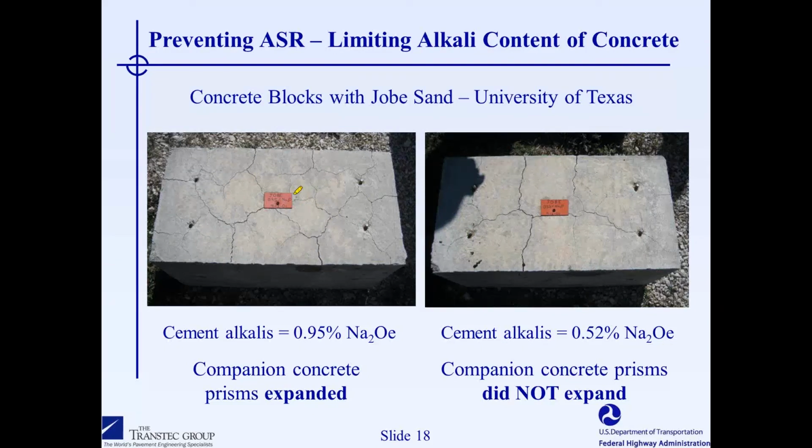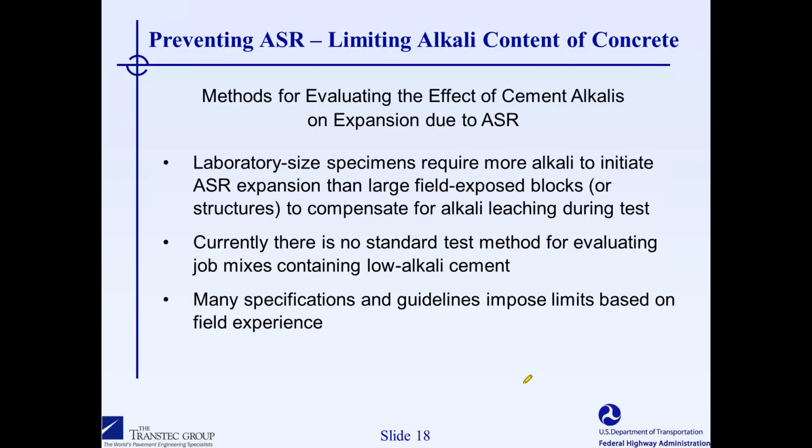They found expansion both with high alkali cement, as you can see here, and also with low alkali cement. However, in the laboratory, only the prisms with the high alkali cement expanded. The prisms with the low alkali cement did not. So we know we have this disconnect between the laboratory and the field with regards to the alkali content required to initiate expansion.